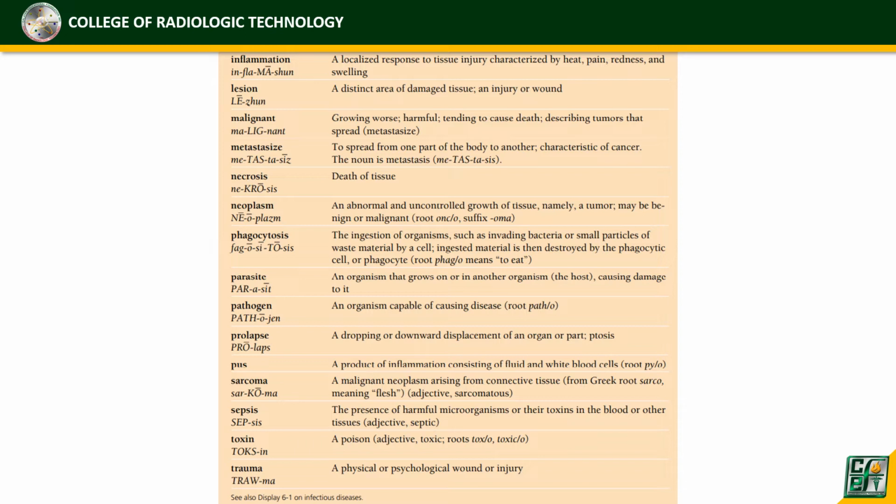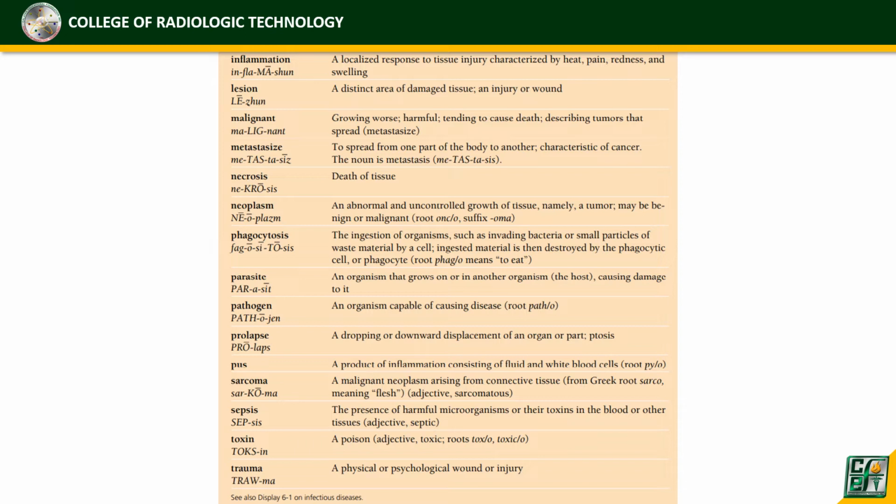Then we have the parasite, the smallest of the microorganisms. Okay, parasites can only grow or live in a host. Outside the host, it cannot survive. And pathogen, any disease-causing organism. Okay, prolapse, dropping or downward displacement of an organ, or synonymous to ptosis.